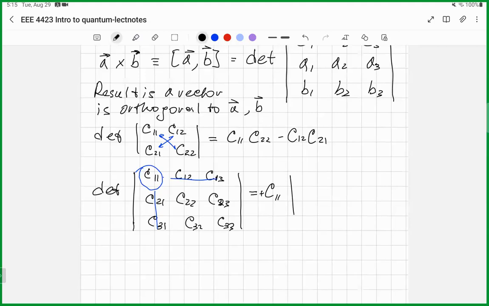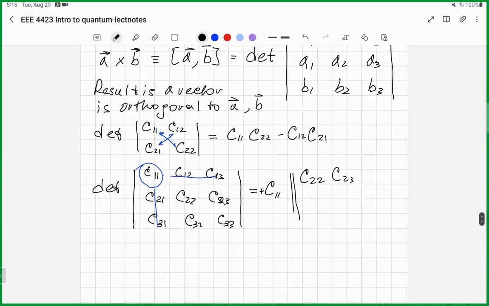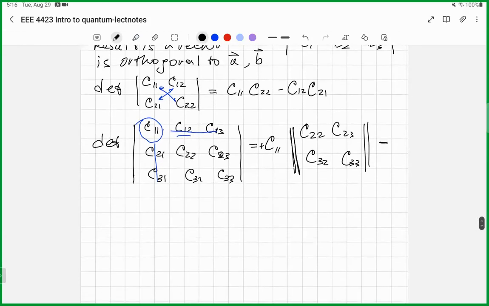Then we write the determinant of this submatrix, the minor C22, C23, C32, C33. The double vertical line is another way we denote the determinant. Then for the second element, which is C12, 1 plus 2 gives us 3, 3 is odd, so we put minus.